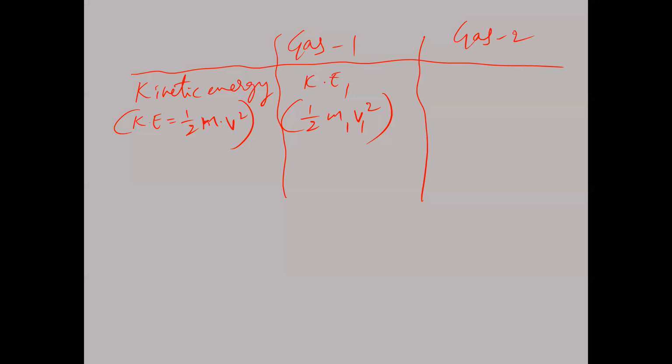What is m here? M is the mass of the gas molecule, and v is the velocity, the speed. So half m1 v1 squared, and KE2 for the second gas is half m2 v2 squared. These are the kinetic energies. And the next important concept is the rate of diffusion.